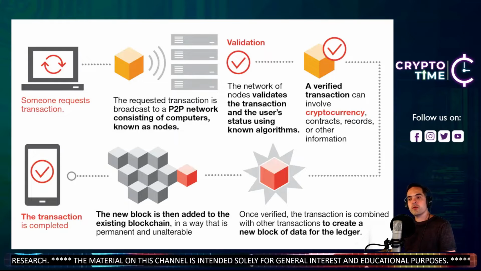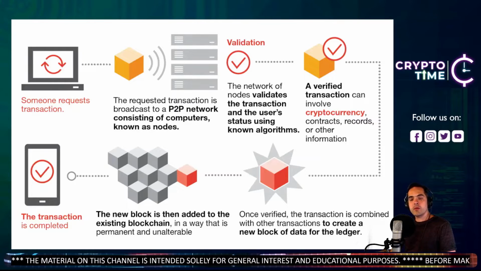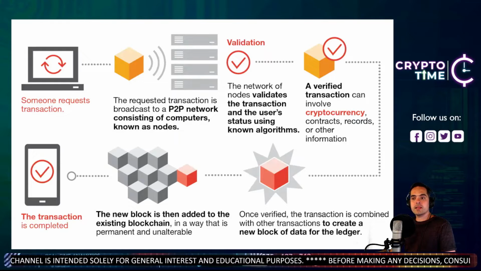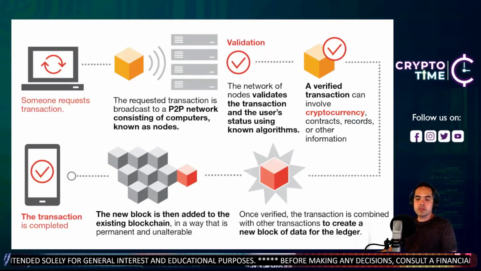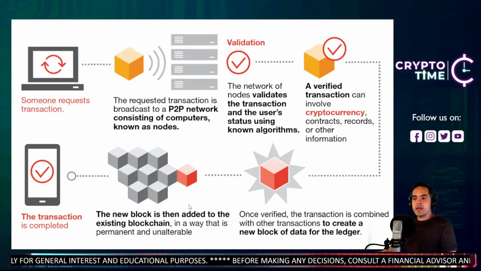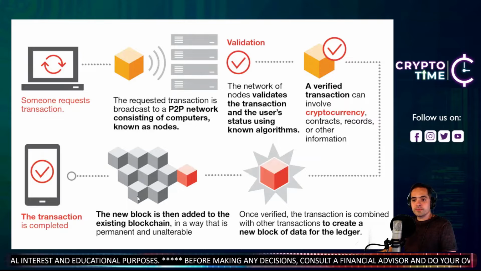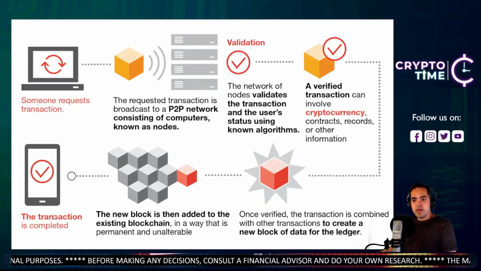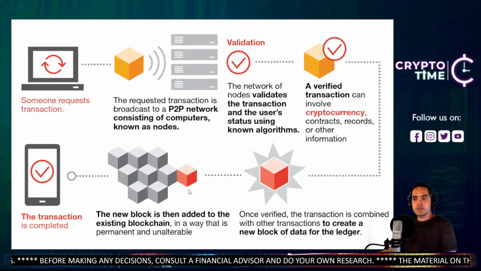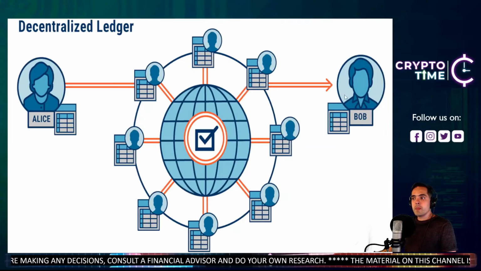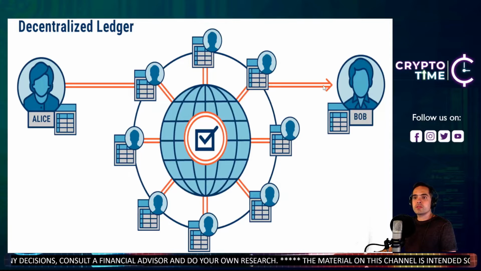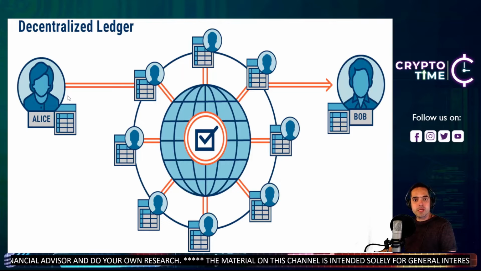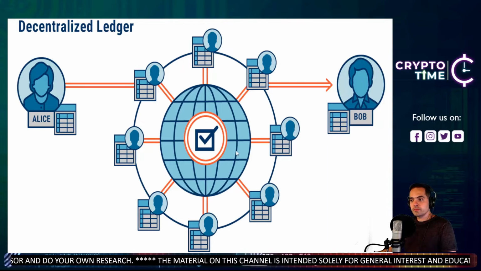That's why it has this name, blockchain. It's a new block of data added to the existing blocks, and it's permanent and will be there forever. And the transaction is then completed. In that case, Bob now receives from Alice, let's say, Bitcoin, for instance.